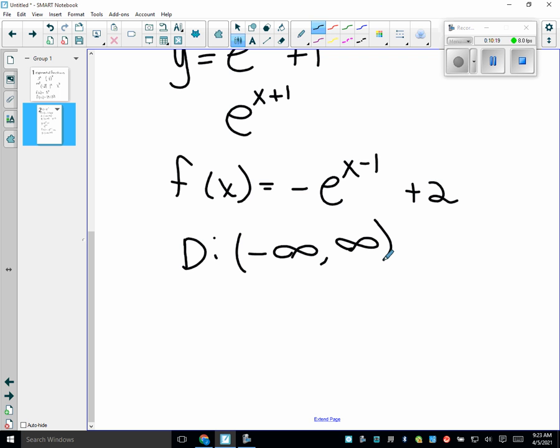Now, what is the range? Negative infinity to 2. Do we agree? And it's a parenthesis, isn't it? What is my asymptote? Y equals 2. Does that make sense to you?